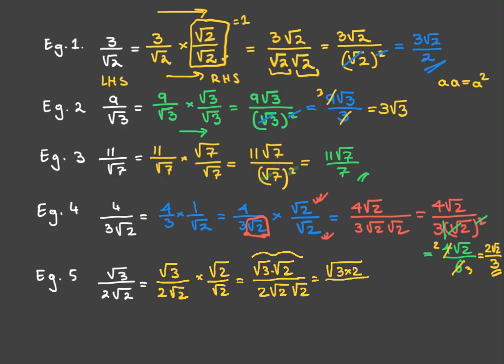Now the denominator, 2 lots of 2 lots of square root of 2, just like this. Let's do some crossing out. 3 times 2 is 6, square root of 6 over 2 times 2 is 4, and that would be the final answer.